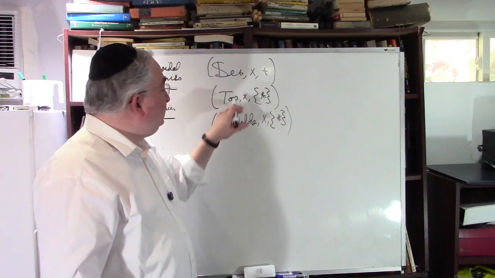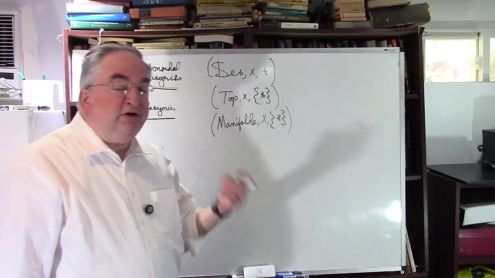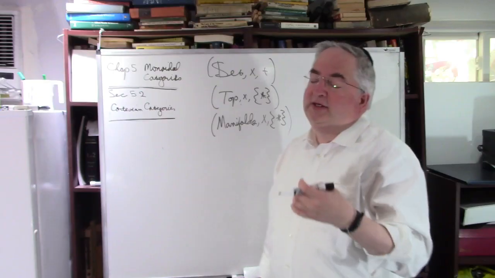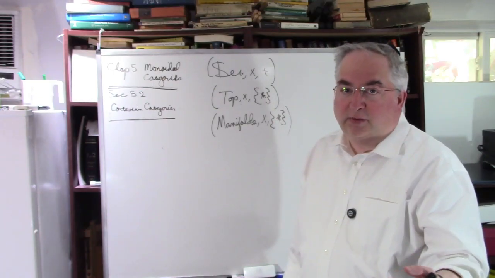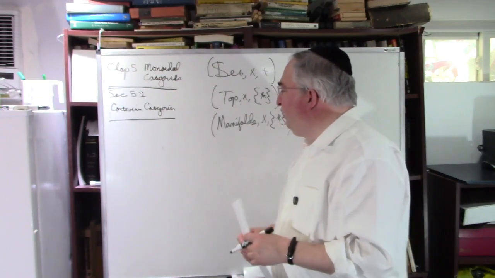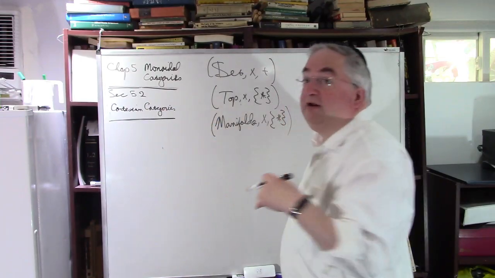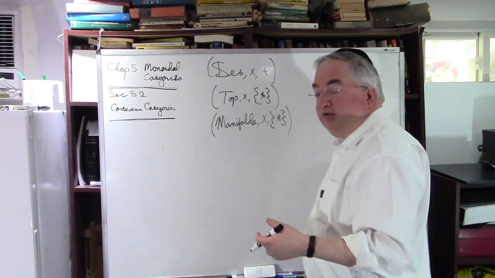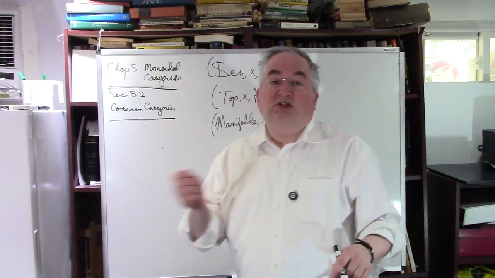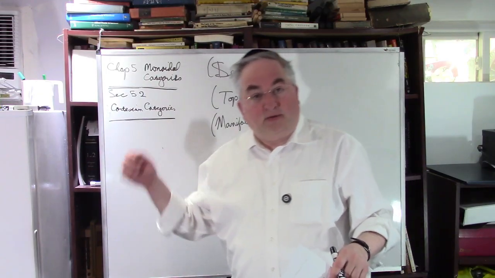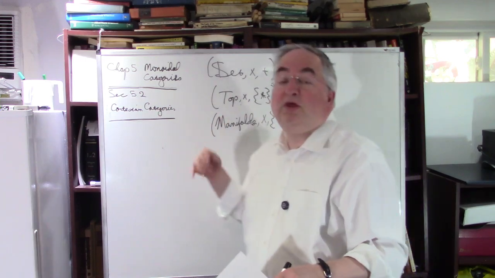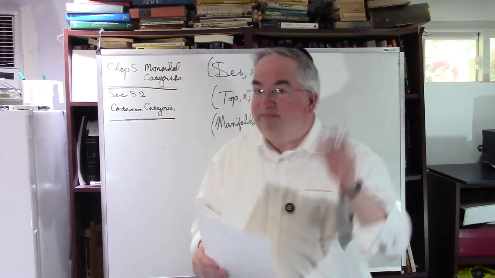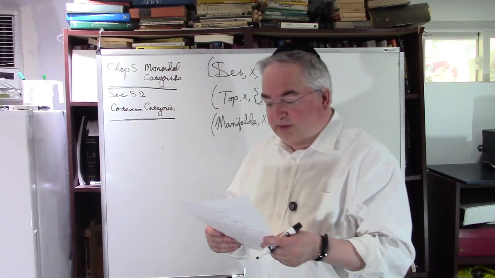Namely, in top, you have to show that the projection functions, to make that product work, are continuous. In manifolds, you have to make sure that the projection functions are not only continuous, they're smooth. We like that. We also have to show that the reassociators are continuous or smooth, etc., etc. It's not done in the book, but it's done in any nice topology book that cares about details.